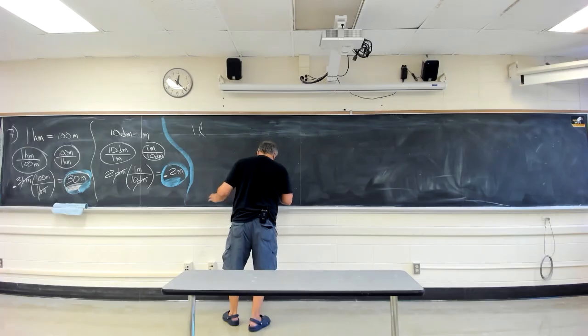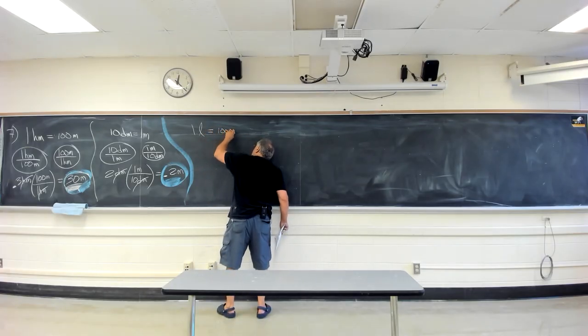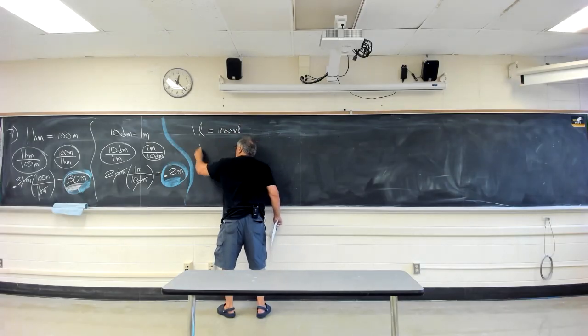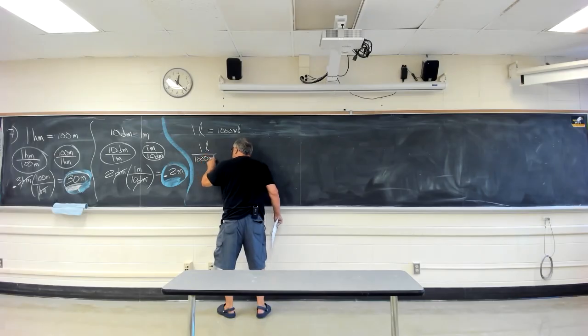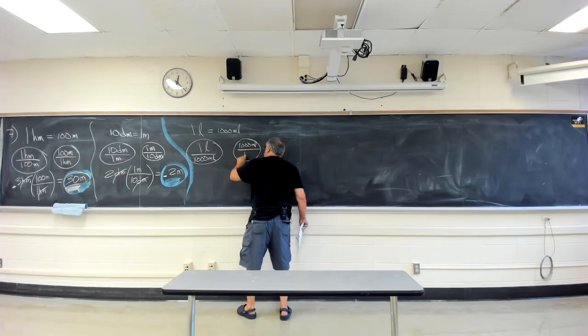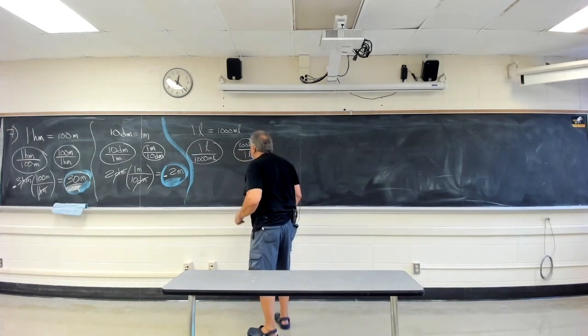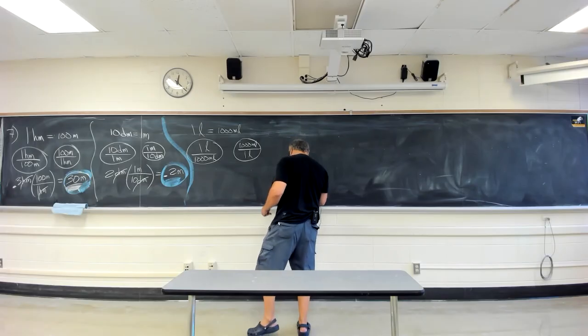I use the small l, but it means the same thing. 1 liter is 1,000 milliliters. Well, you can use the 1 liter over 1,000 milliliters, or you can use 1,000 milliliters over 1 liter. Okay. 2 sides of the same coin, folks.